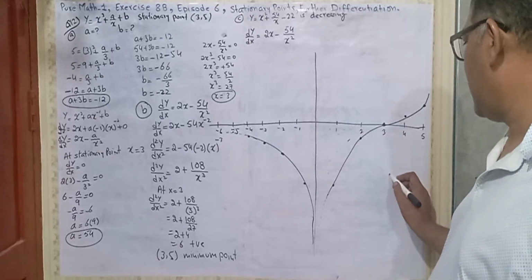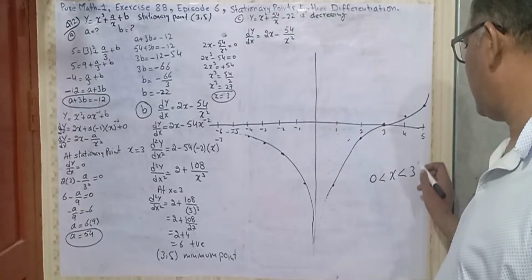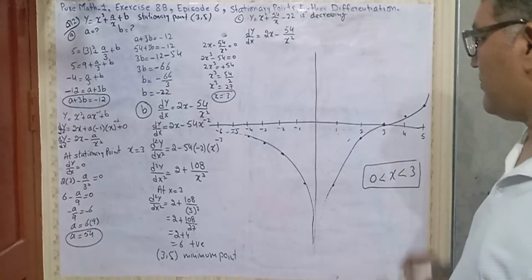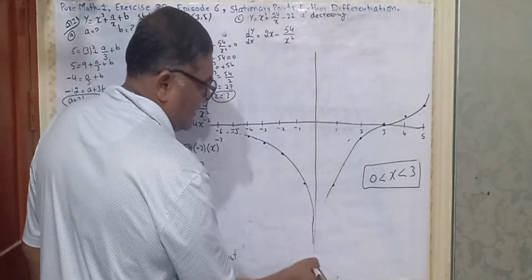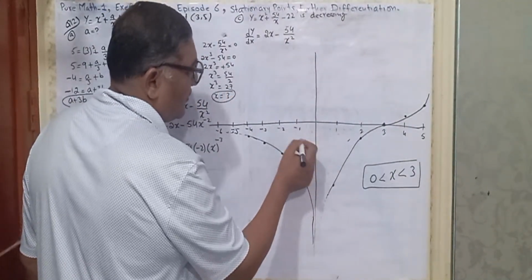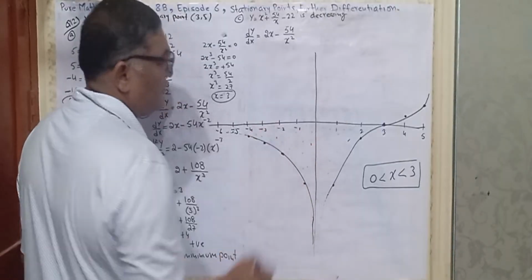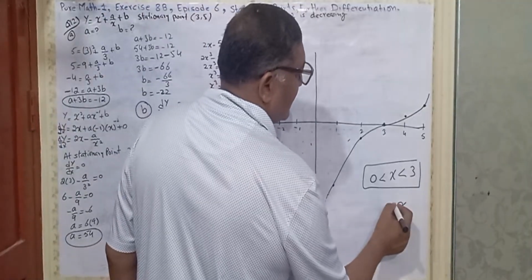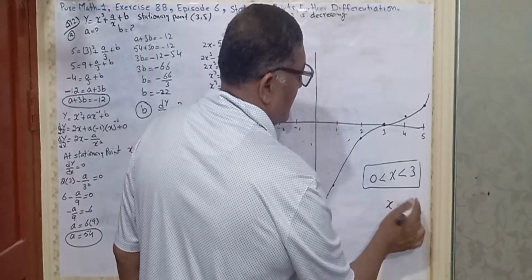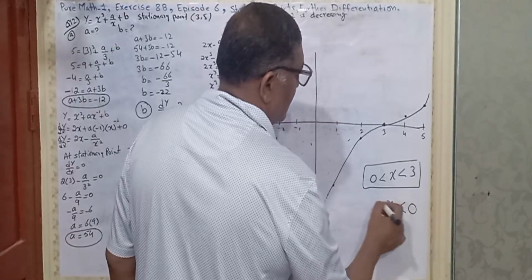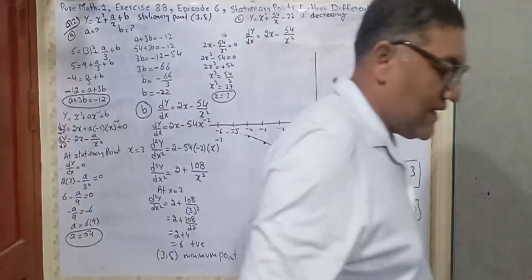So one answer is greater than 0 and less than 3. This is one answer. But here the graph is infinite, it is going like this, but here also the graph is in the negative portion. So I can say x is less than 0, not equal to 0. So these are the answers.